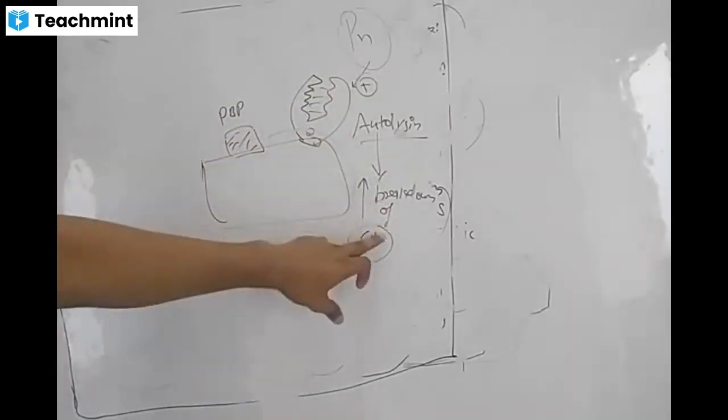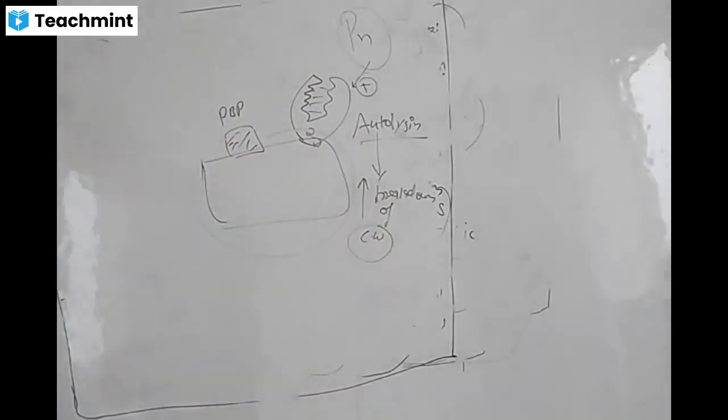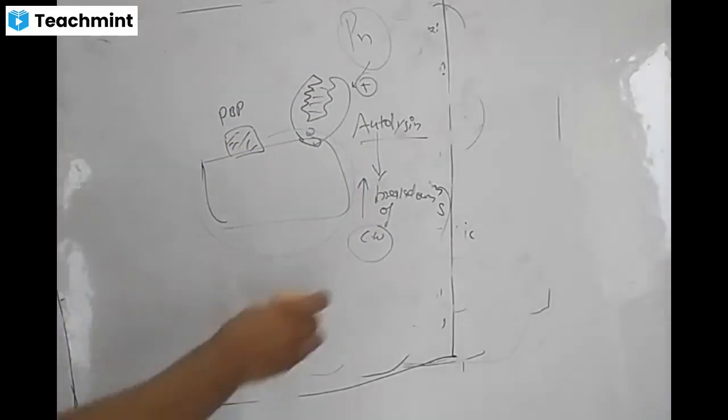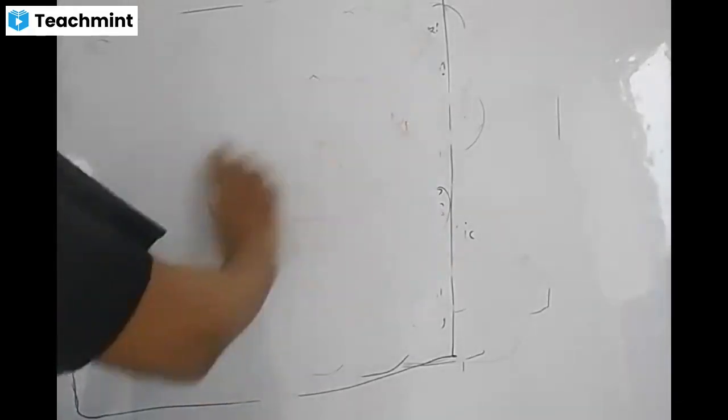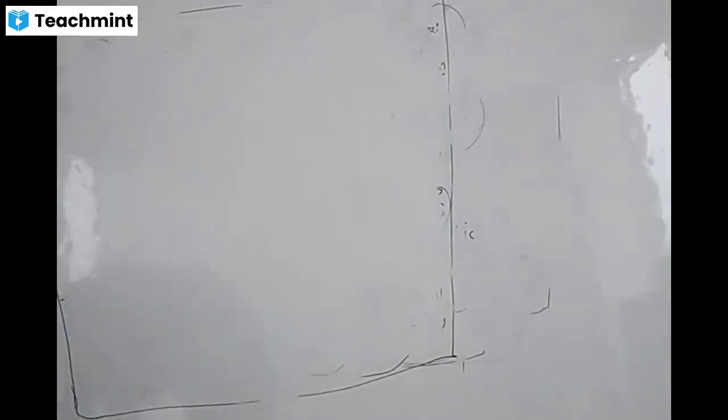They start degrading the cell wall, also causing the death of the bacteria. So in the mechanism, these 2 points were important: penicillin binding protein and autolysin.